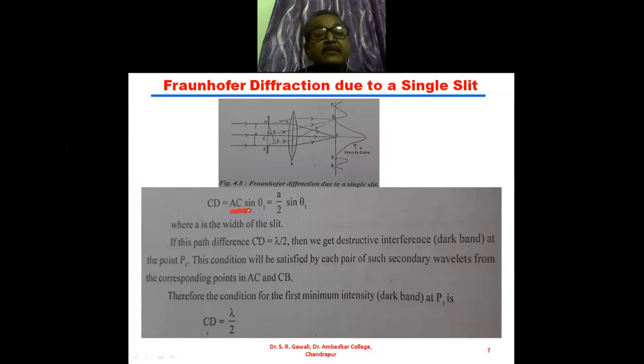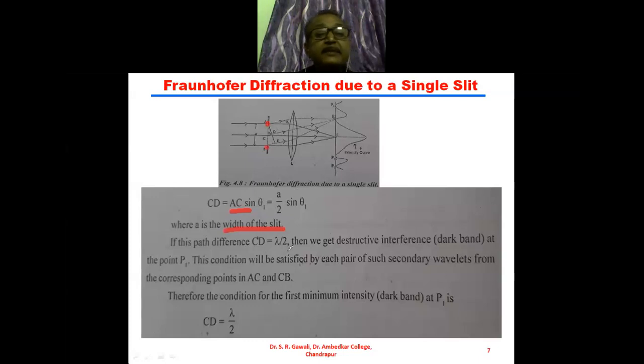It is equal to AC, which is nothing but A by 2. This we have assumed that this slit is a single slit of width A, and therefore half of that distance is nothing but A by 2 into sin of θ1, where A is the width of the single slit.